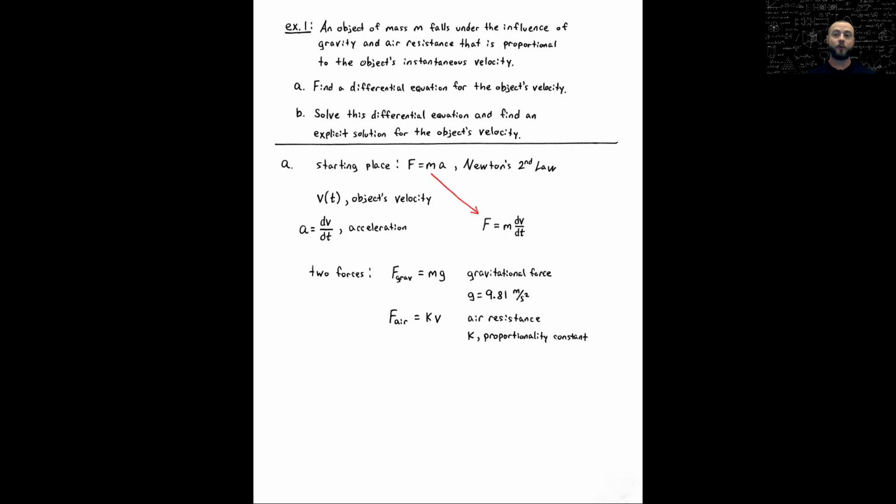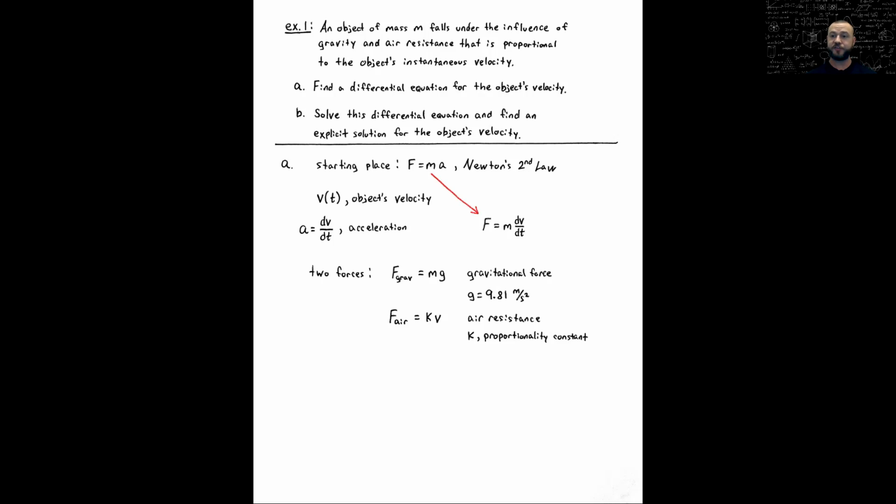And the formula for air resistance, we're translating that from our simplifying assumption above. The k that appears there is called a proportionality constant. So we'll say the force of air resistance equals a constant times the velocity.